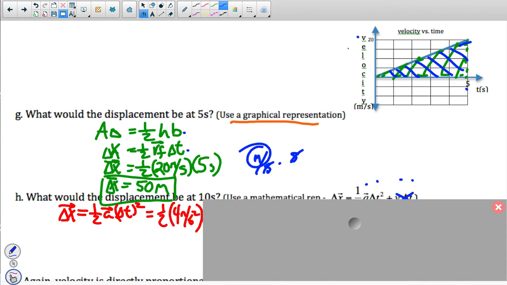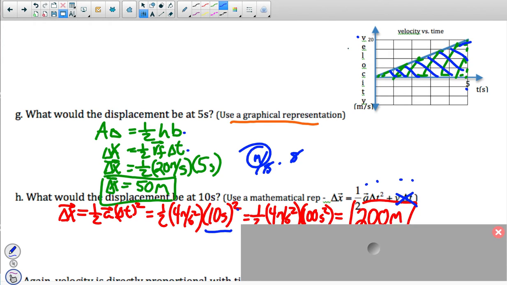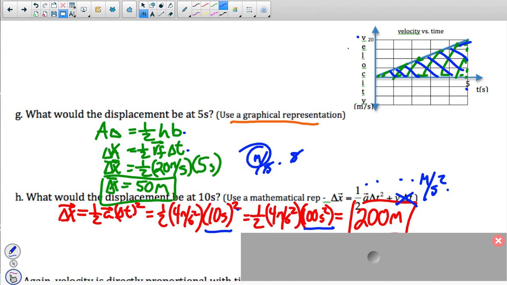So 1/2 times the acceleration of 4 meters per second squared times 10 seconds squared. 10 seconds times 10 seconds is 100 seconds squared. Half of 4 is 2, and 2 times 100 is 200 meters per second squared times seconds squared. The seconds squared cancel out and leave us with just meters. So our answer is 200 meters.